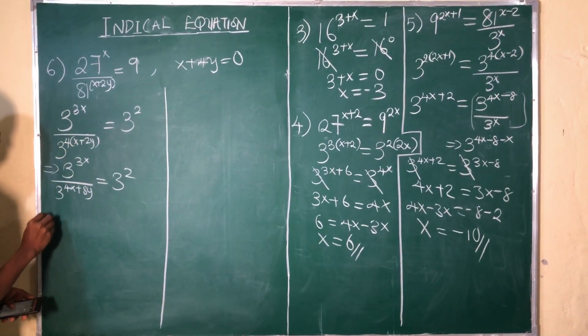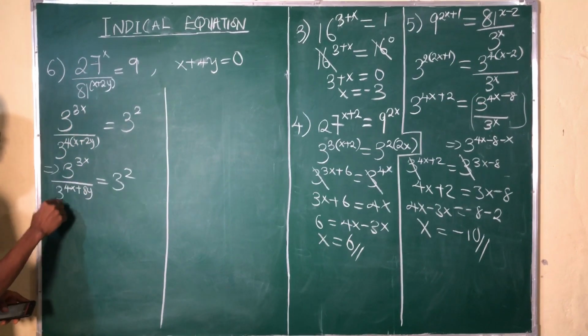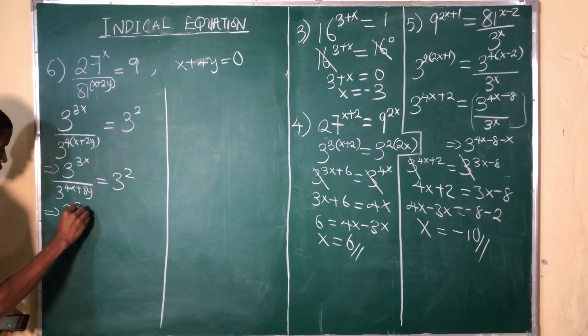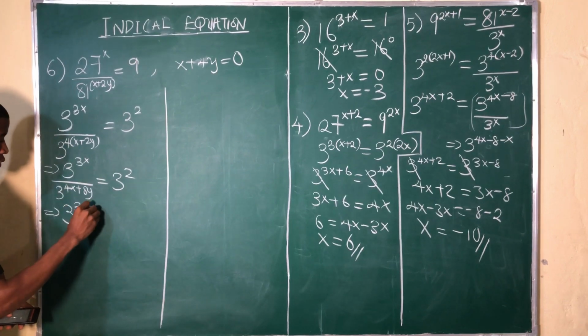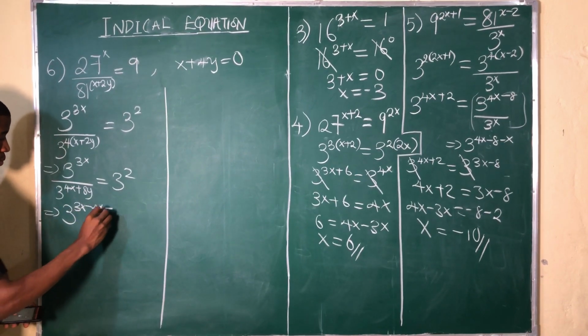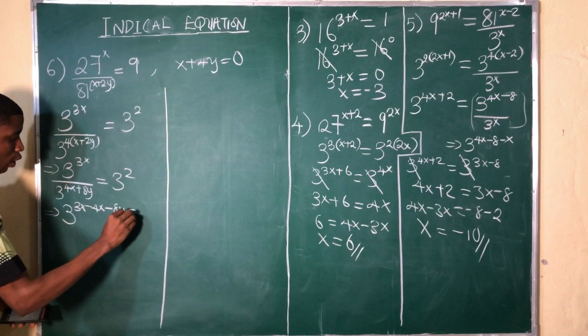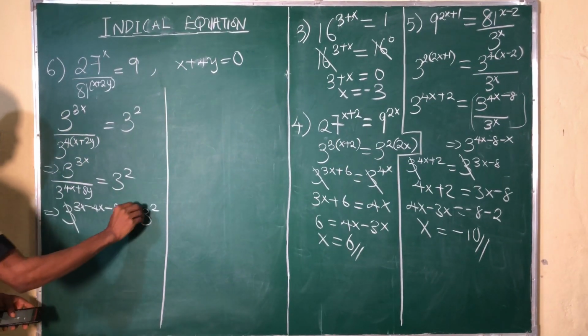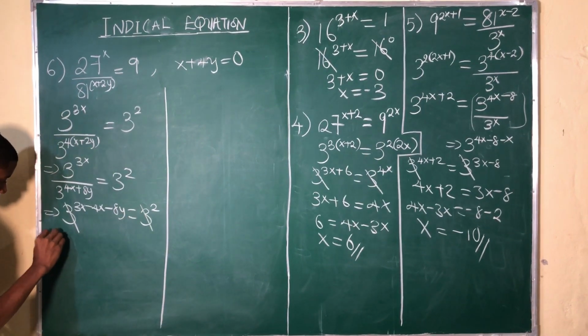So we're going to work with this first, because we know that this can be expressed as 3x negative 4x negative 8y equals to 3 raised to the power 2.